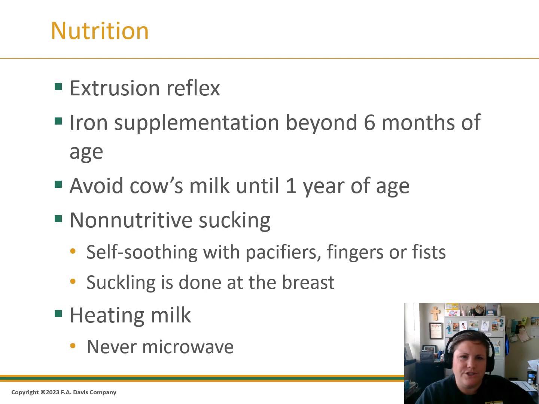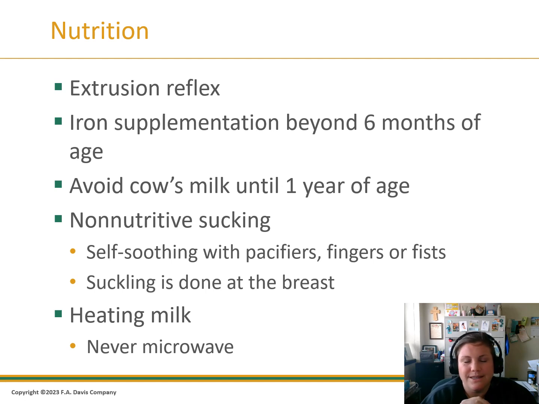Okay, in reference to nutrition, some terms to be familiar with. One is the extrusion reflex. This is where the child is likely to reject solid foods before a certain point in life. So babies generally don't start taking in solids like cereal, which is rice or oatmeal or baby foods, until about 6 months old.